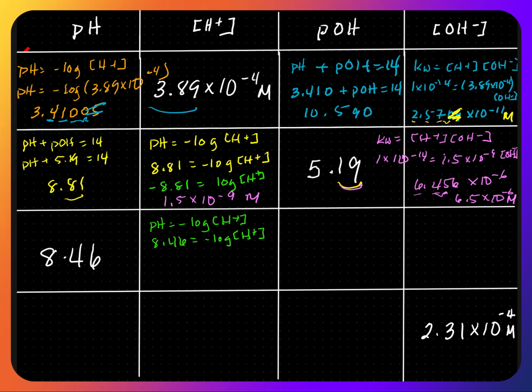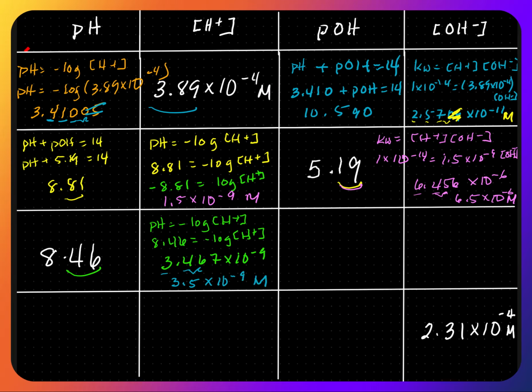First thing you need to do is divide by a negative and then take the anti-log, and you should get 3.467 times 10 to the negative 9th. This one has two sig figs because for pH and pOH, the sig figs start after the decimal. So my final answer needs 2. So it's 1, 2. I look 1 to the right. So this becomes 3.5 times 10 to the negative 9 units of molar.